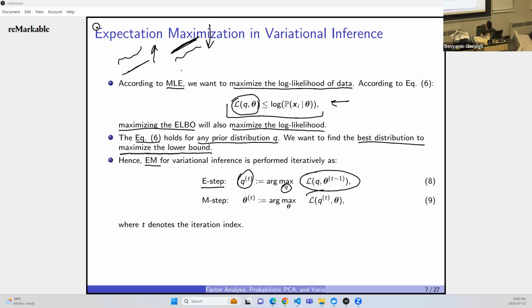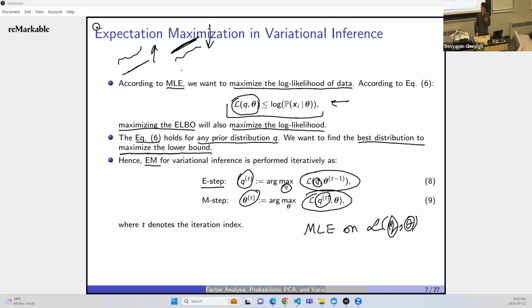Then we maximize the ELBO again, but I replace Q with Q_t in the t-th iteration, and it gives me theta. So I wanted to do maximum likelihood estimation on the ELBO over Q and theta. However, I have unobserved data, and that's Q. Therefore, I can't do MLE.